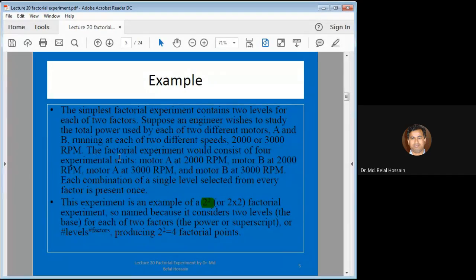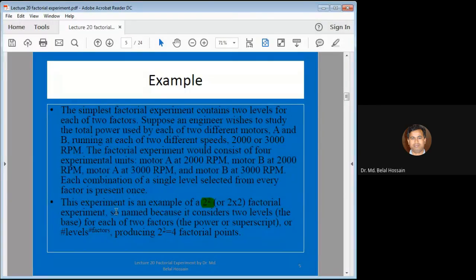The factorial experiment would consist of four factorial units: motor A with 2000, motor B with 2000, motor A with 3000, and motor B with 3000. So you have 4 possible level combinations. Each combination of a single level selected from every factor is present once.